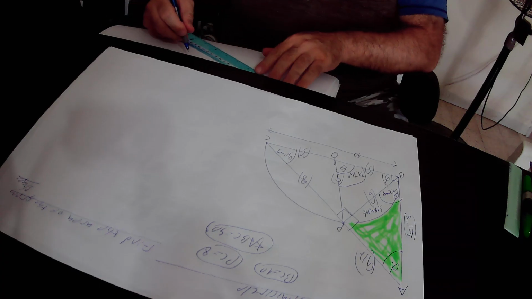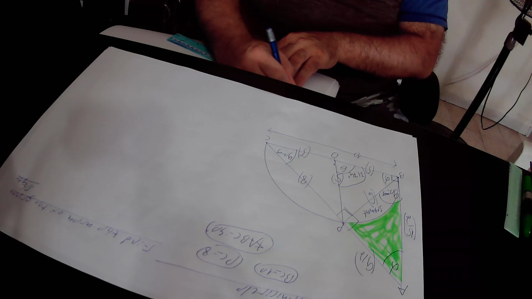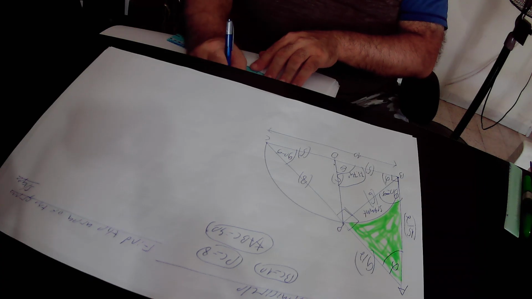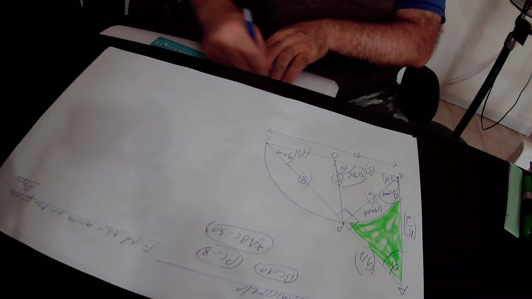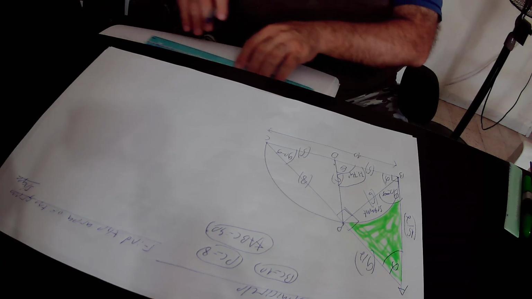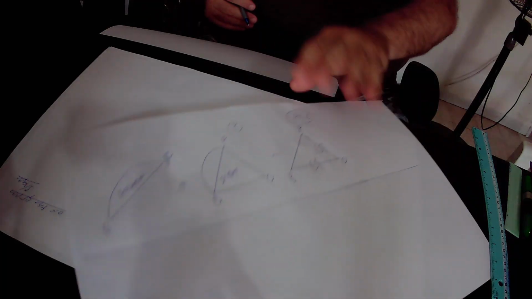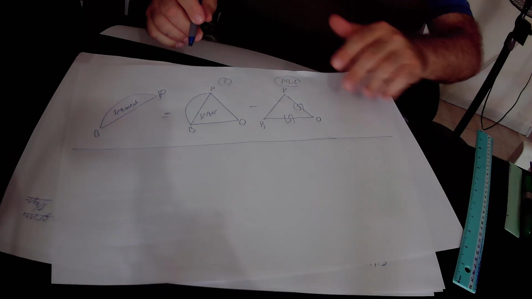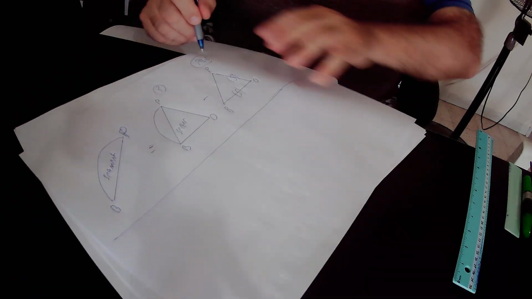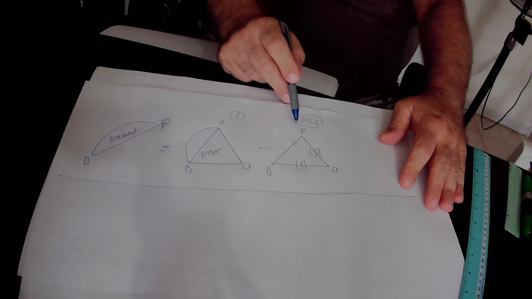So in total, we found out that the area of segment BP is equal to the area of sector OBP minus the area of this associated triangle OBP.